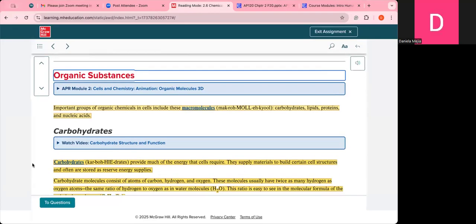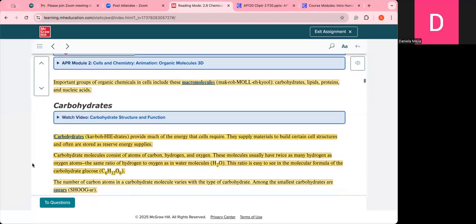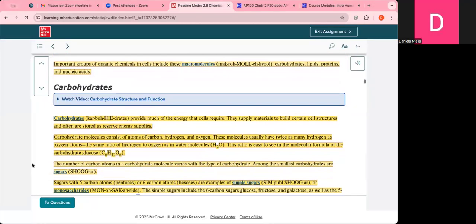Okay. Carbohydrates provide much of the energy that cells require. They supply materials to build certain cell structures and are often stored as reserve energy supplies. So carbohydrates are the energy machine.